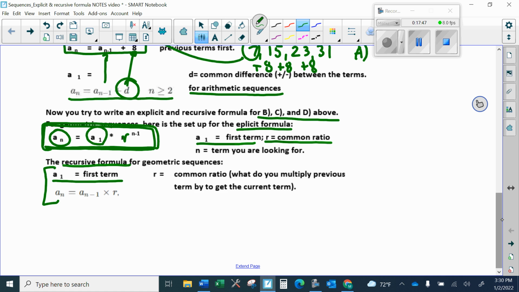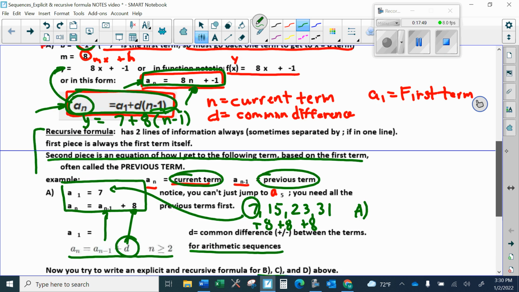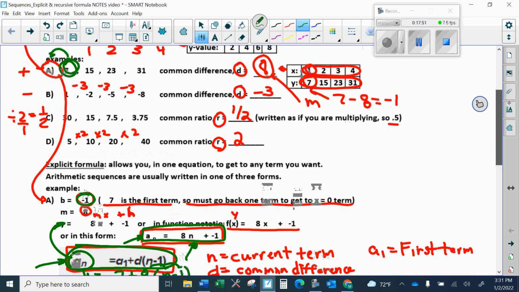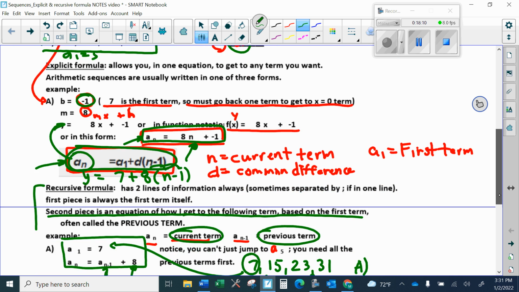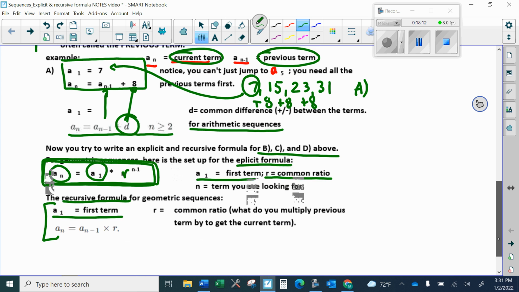Okay, so let's look up here at D. Our common ratio is 2. 5 times 2 is 10, times 2 is 20, times 2 is 40. Our A sub 1 equals 5, right? The first term is 5. So notice all I'm doing is filling that in right here. It tells me what to fill in.